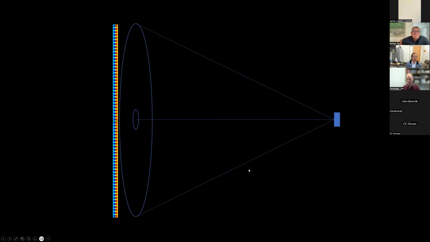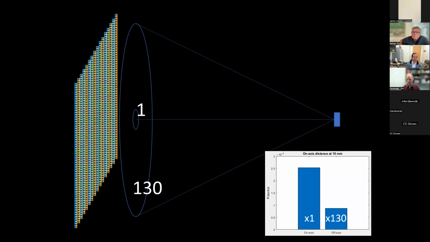So if we think about the dipoles, we should actually think about a lot of dipoles, like a dipole layer. And even though the on-axis, off-axis difference is about 3 times, because there are 130 times more off-axis contributors, these off-axis contributors can overwhelm the on-axis contributor.